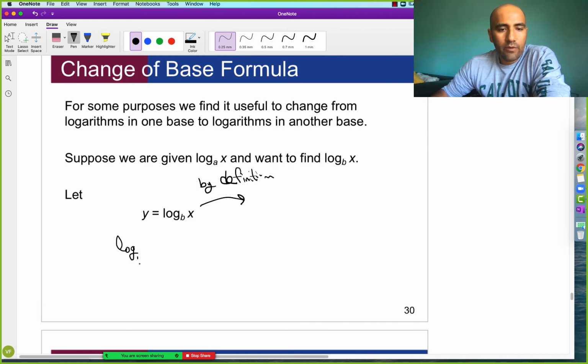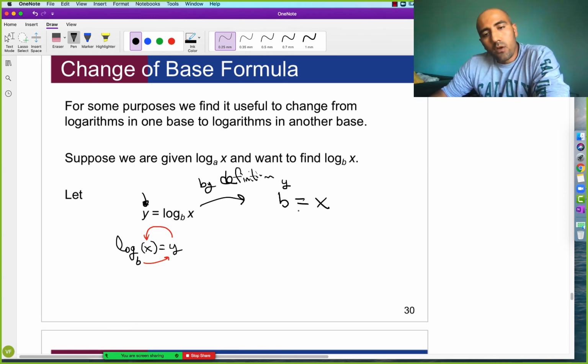Usually we've had it written in the other direction, so let me just flip it around. Right, so by definition, this must mean that this raised to that power equals this, right? That's what we've been working with. So that must mean, by definition, that b raised to the y power must be equal to x. Okay, remember, we're trying to solve for y. We want to know what y is.